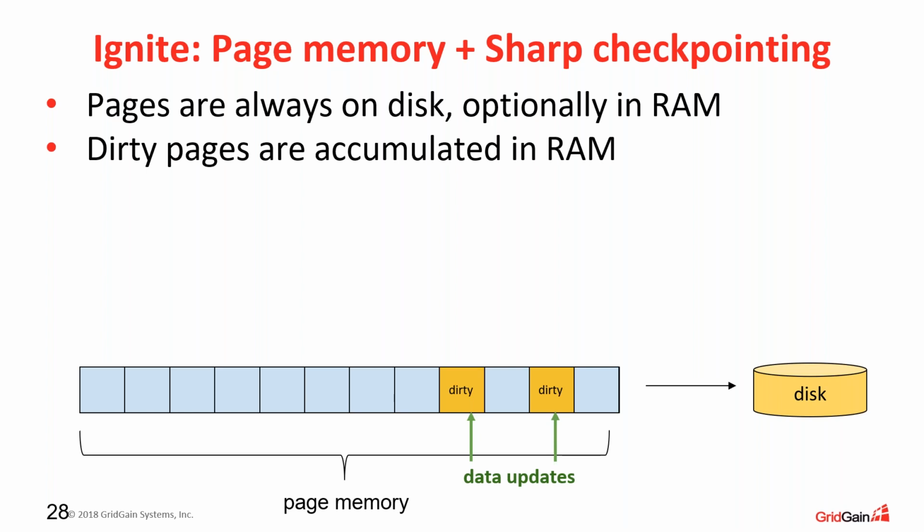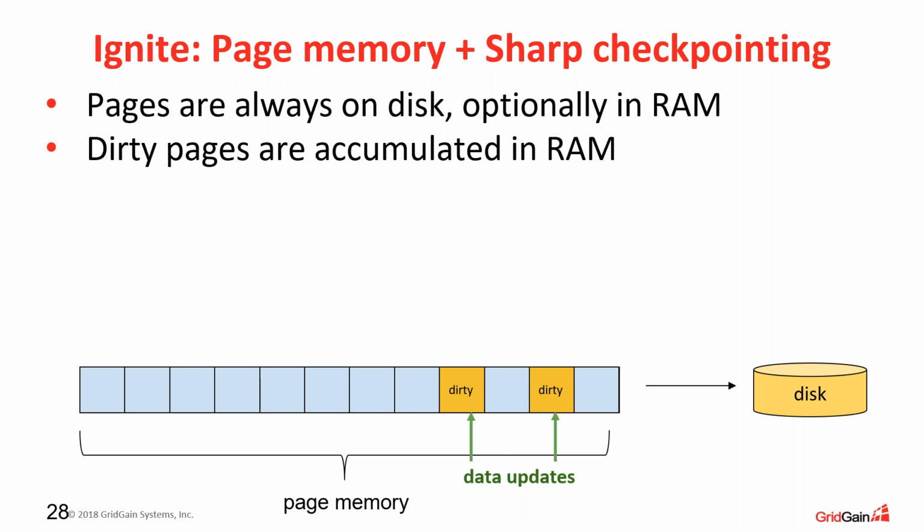And when you update the pages with the user operations, the pages get dirty. What does it mean? We store dirty flag, dirty is true, and just accumulate such dirty pages in RAM.